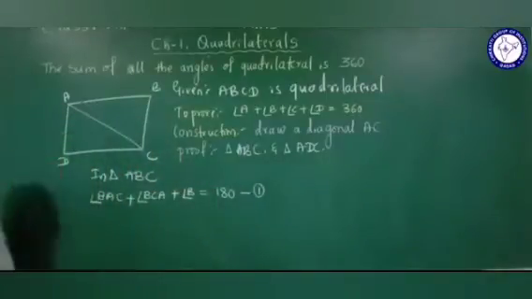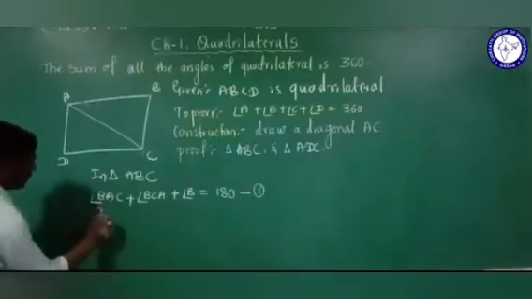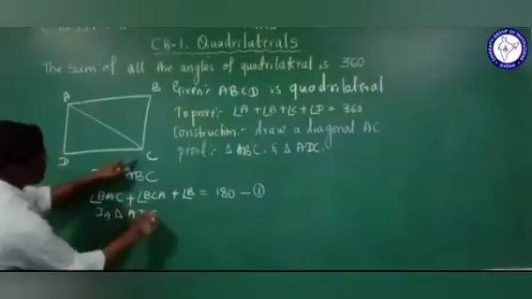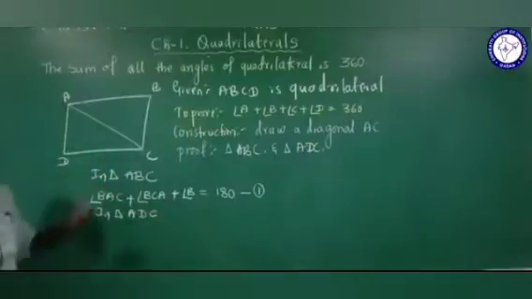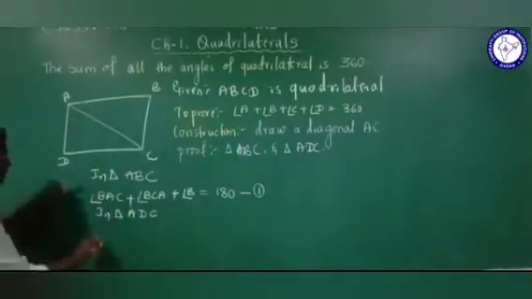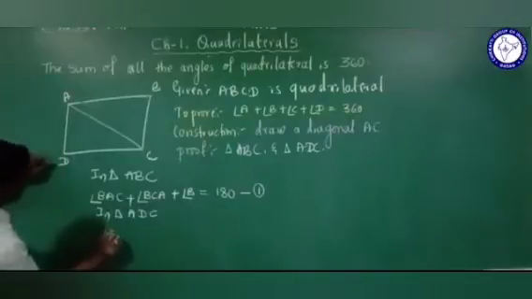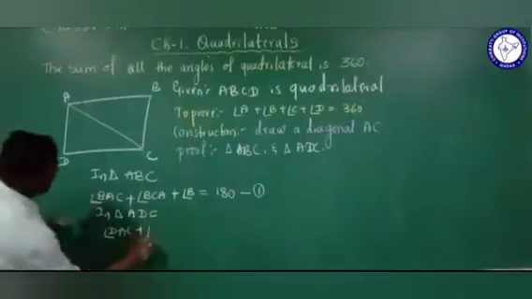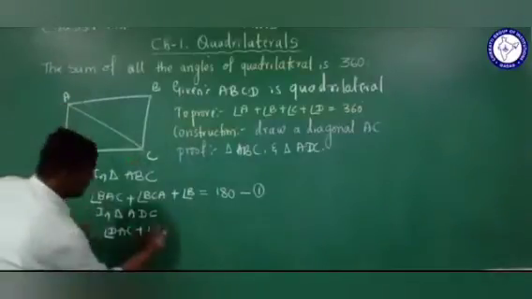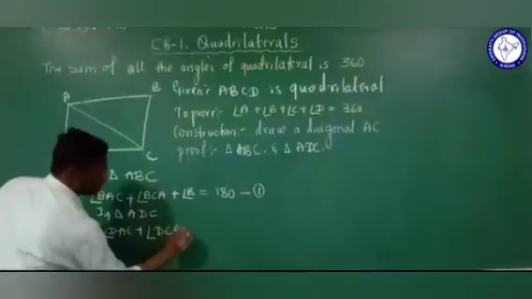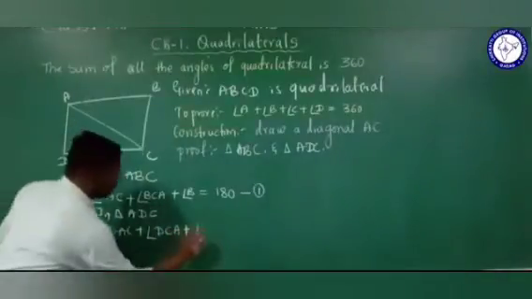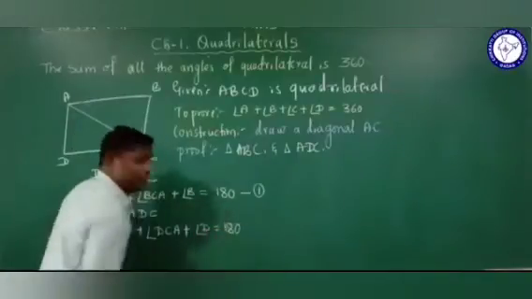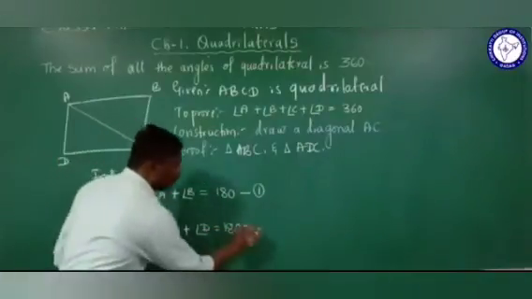One more triangle is there here. What is that triangle? In triangle ADC, again take each individual angle. Angle DAC plus angle DCA plus angle D is equal to, again, the sum of the interior angles of the triangle, 180 degrees.